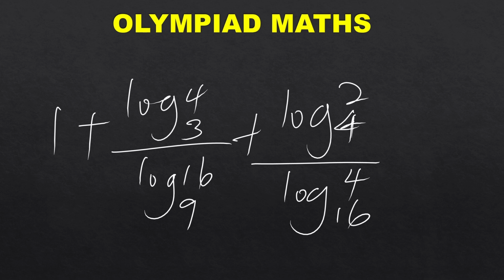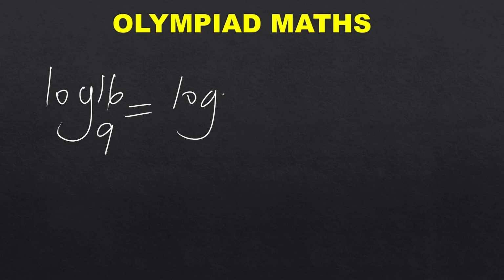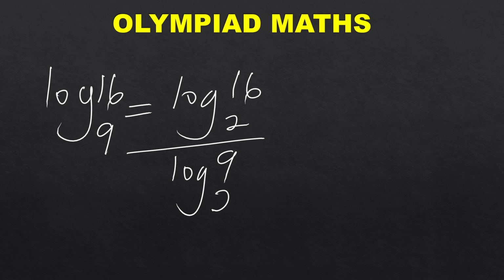The job I'm going to do now is to break this one down as well. So I'm having log 16 base 9, which is equal to log 16 base 2 over log 9 base 2.